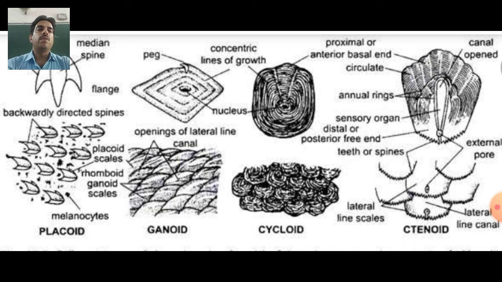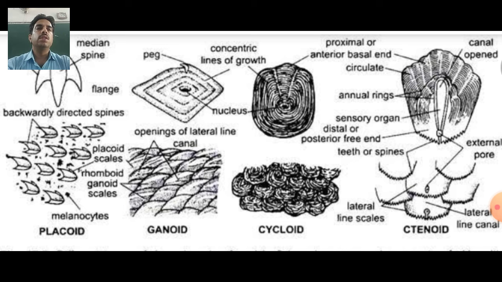Cycloid scales are found in lungfishes, surviving dipnoans, some holosteans such as Amia, and the lower teleosteans such as carps, etc. So cycloid scales are an important characteristic of carps, which include Labeo.